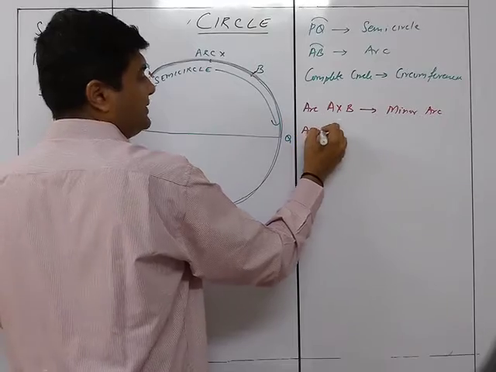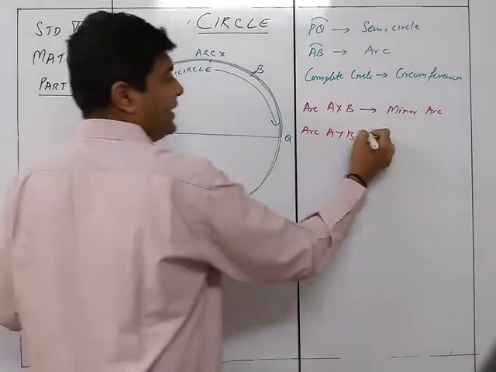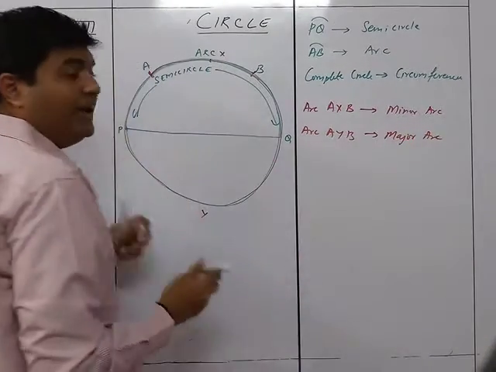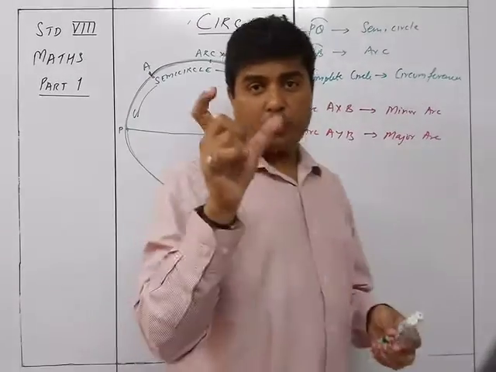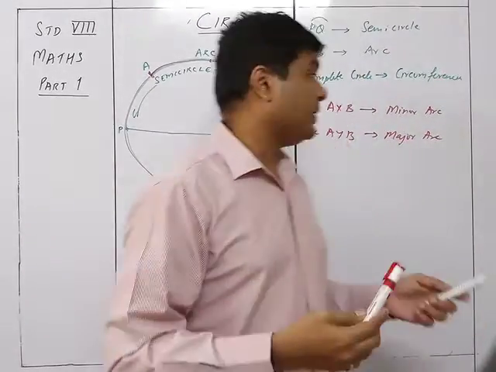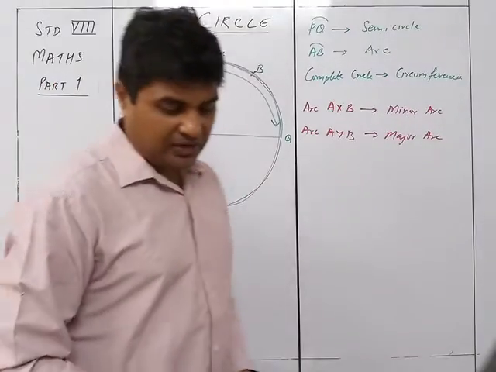And the bigger one, that is arc AYB, is called the major arc. So an arc could be either minor, that is the smaller one, or major, which is the bigger one. The smaller one will be called the minor arc, and the bigger one will be called the major arc.